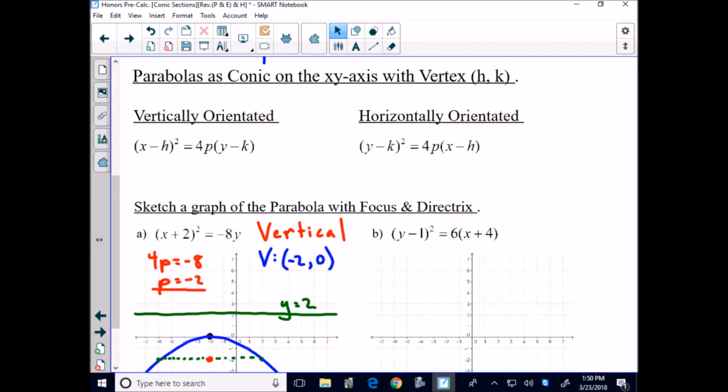Now, within this equation, we're seeing that focal width 4p, but within the equation, that 4p can be positive or negative, and that's going to tell us whether the focal length p itself is positive or negative, and that's going to help us determine how we're orientated vertically and horizontally, right, when we're going from our vertex to our focus.